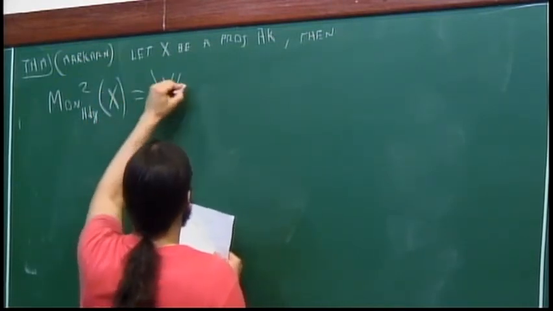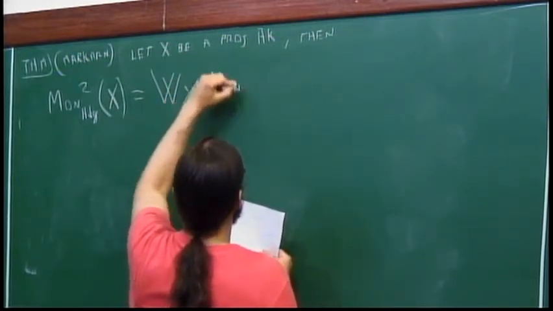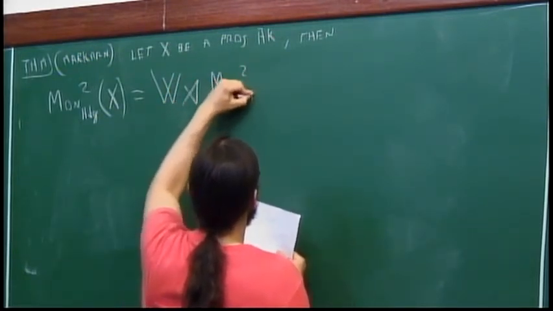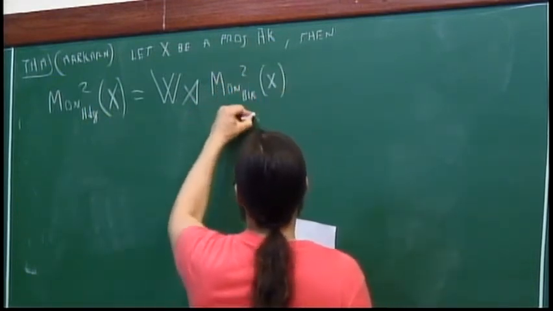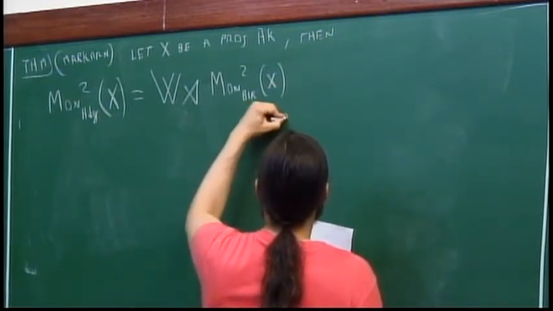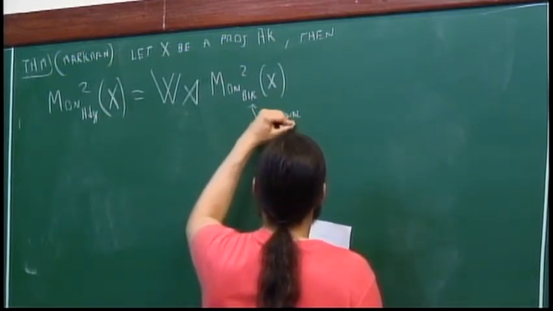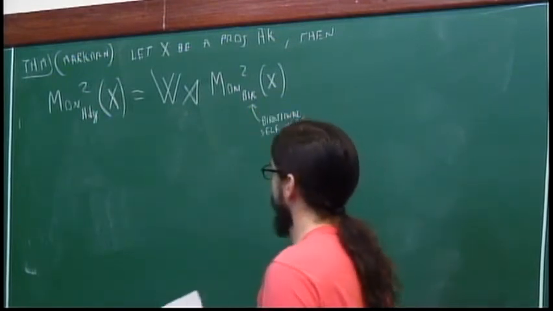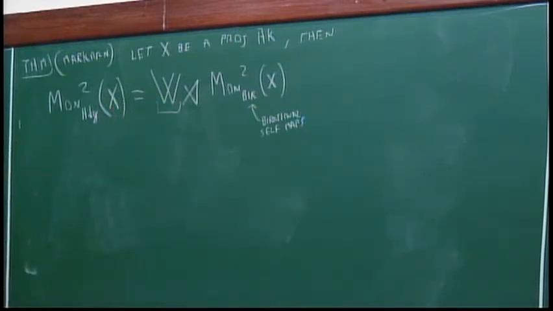This is a semi-direct product of two groups. So these are also birational self-maps. And this W is indeed a Weyl group of reflections.